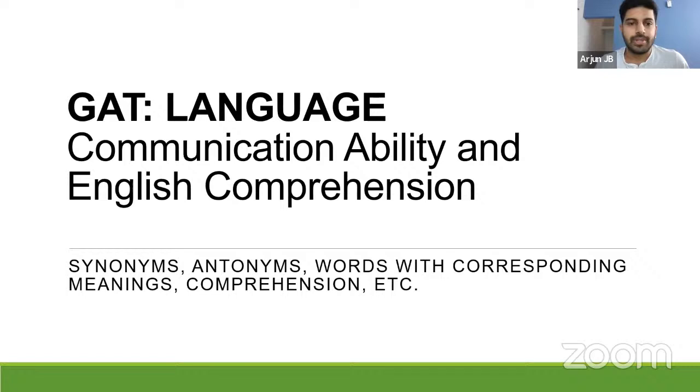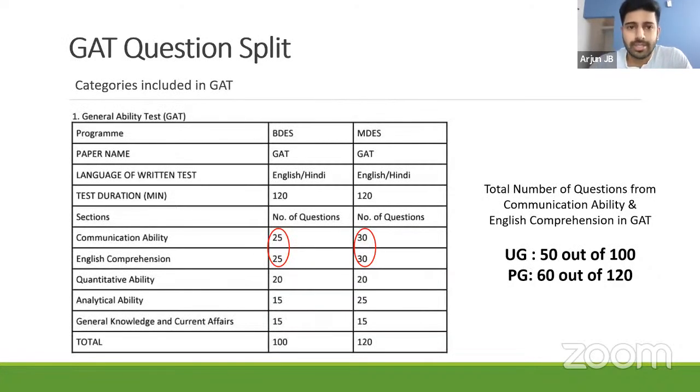Continuing, I'll present the split of the number of questions that come in GAT. As we can see on the slide, for both undergrad and postgrad courses, the total number of questions for undergrad is 100 and for postgrad courses is 120. If you look at the split, communication ability and English comprehension cover the major part of the question paper.